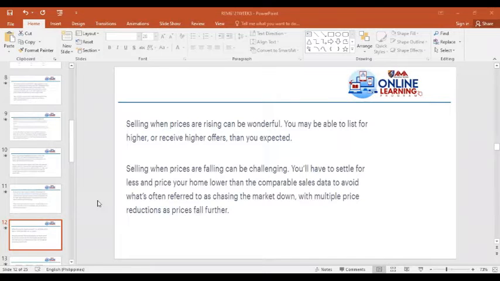Okay, so may mga negotiable amount pa yan para lang makuha mo yung close deal sa buyer mo. So pag nagbebenta talaga ng real estate, napakahirap.